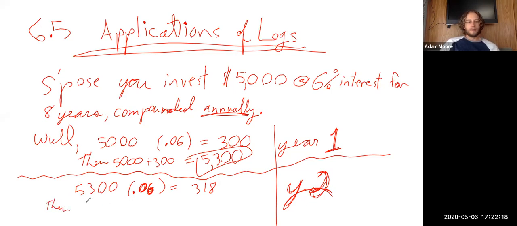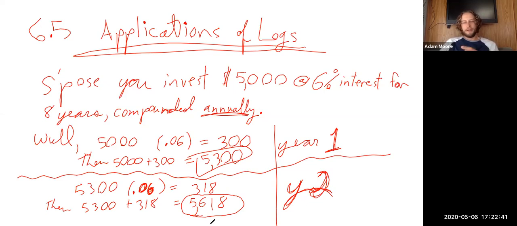Then you take that 5,300 you had plus the 318 that you just figured out, and now it's 5,618, and that's the end of year two. And this works. It does work. This is actually the foundation for how compounding interest happens.